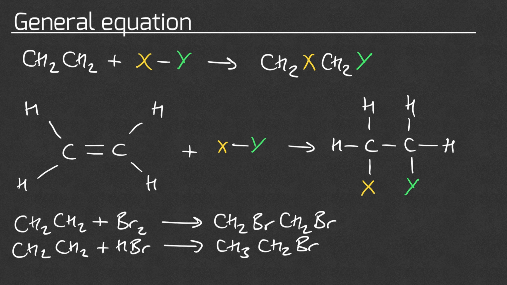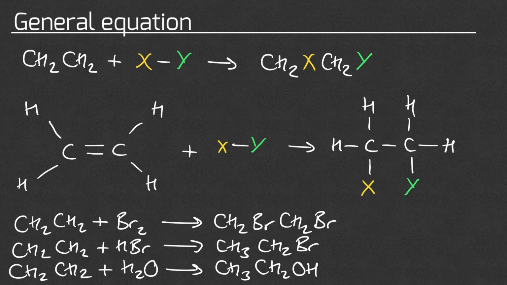In this case, we'd add the H onto one of the carbons and the Br onto the second carbon. And in the final example, we've added water, as we mentioned earlier. In this case, we would add the H of the H2O onto one carbon and the OH onto the second carbon. Again, showing how the X and Y doesn't have to represent two specific atoms, it could represent two halves of a molecule.